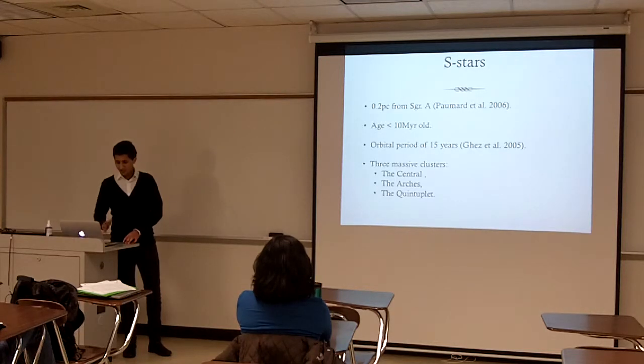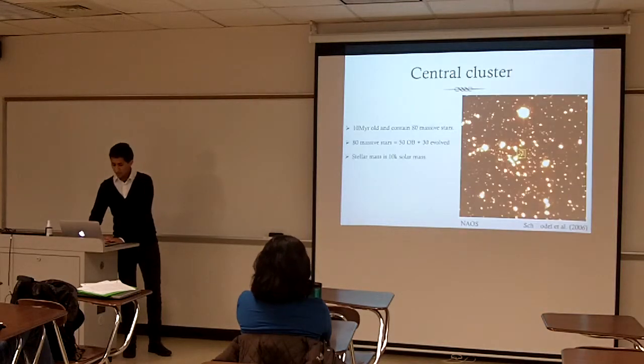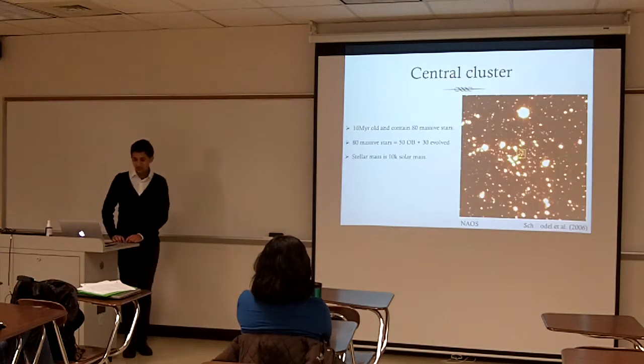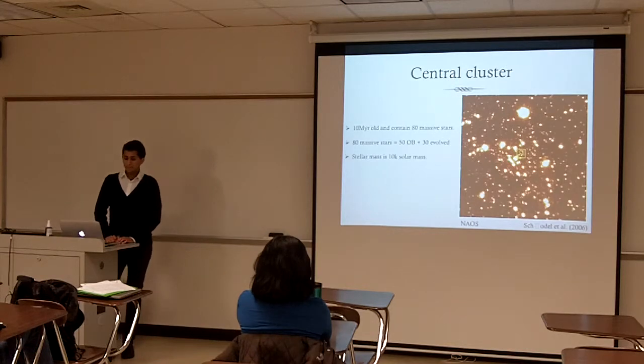And the discovery of the three massive clusters, which I wrote here: the central cluster, the Arches cluster, and the Quintuplet cluster. So the central cluster contains really massive stars.